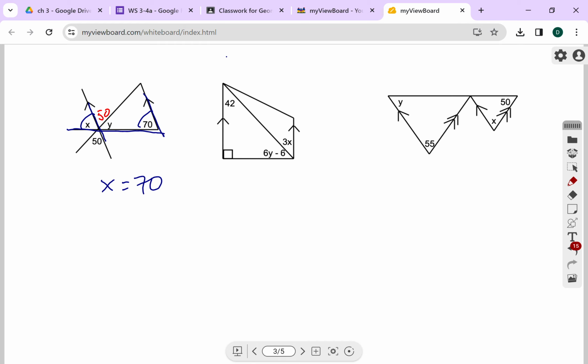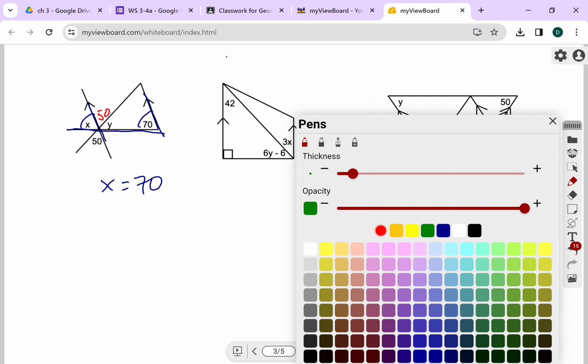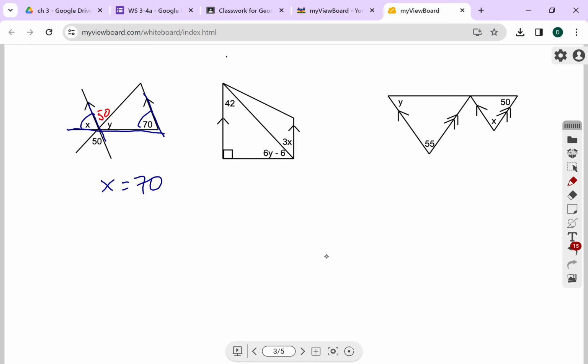And then you should notice that, okay, now that I have three adjacent angles right next to each other there, they're all going to add up to 180. So x was 70, and then you add that 50 plus y. That's all going to add up to 180. So y equals 50 plus 70 is 120, so y must be 60. That's how I get my answer.